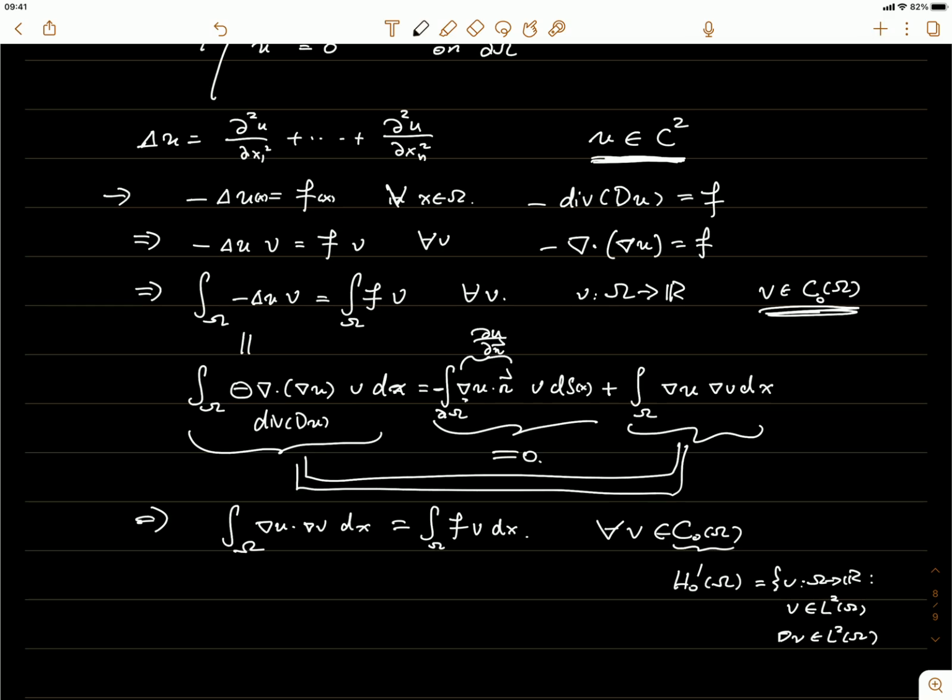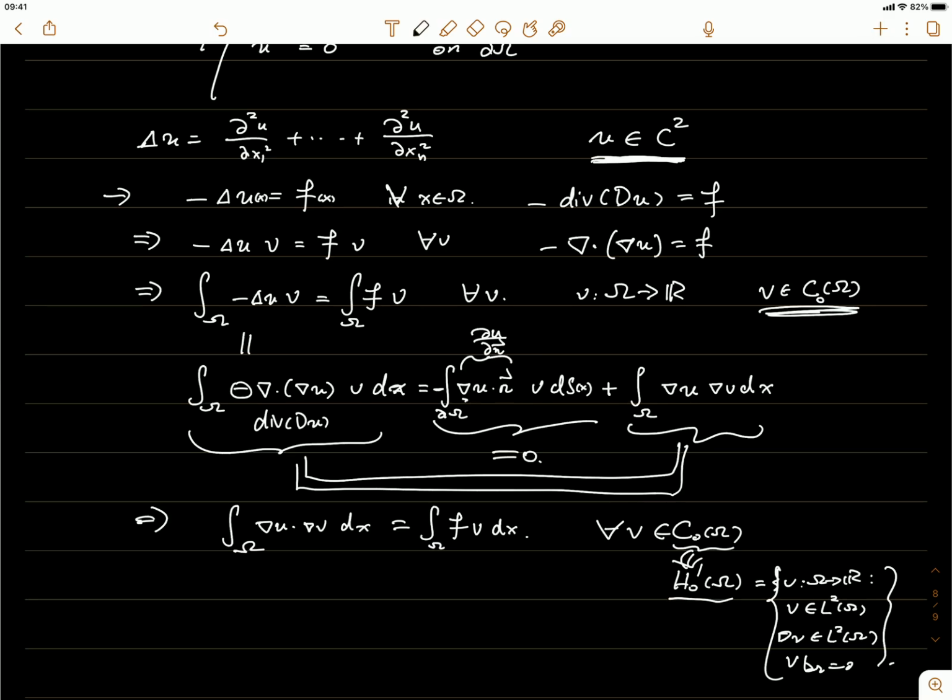And also v is 0 on the boundary. This is what this set is. Okay, and this one is dense in this set. So if this is true for any v in C0, it must mean that it is true for any v in this H01 as well.